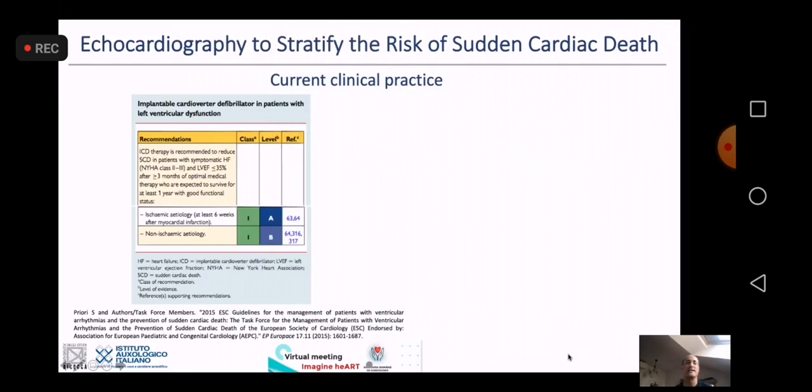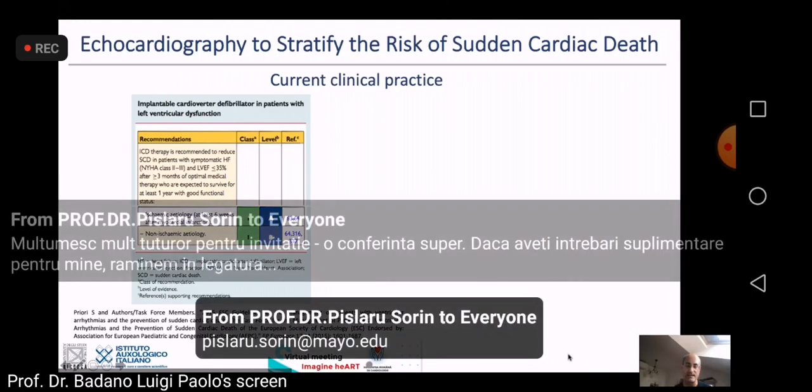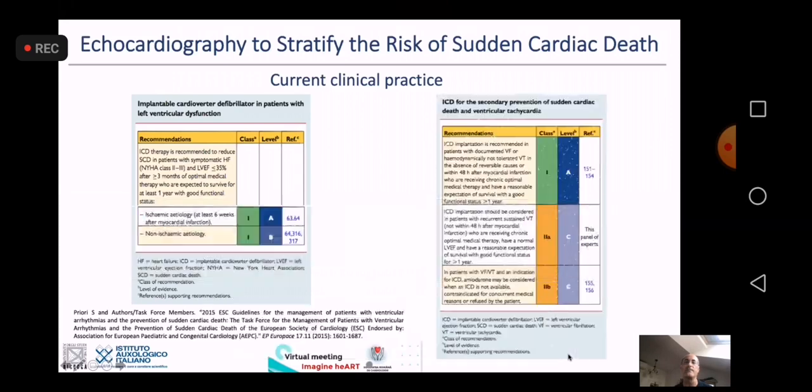So when we realize that a patient is classified at a high risk of sudden cardiac death, the best treatment that we have is the implantation of the ICD. And following the latest guidelines, we are allowed and recommended to implant patients who have been treated with optimal guideline-directed medical therapy.